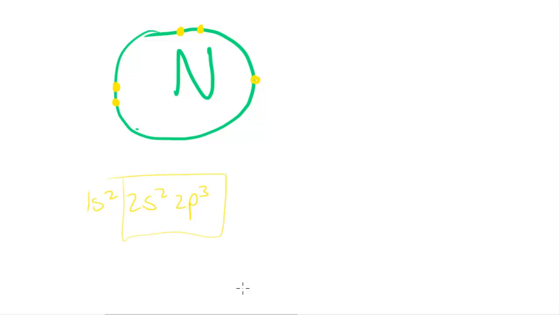And anyway, to make this a much more stable arrangement, it will form bonds with this, and this. If you imagine a nitrogen bonded to another nitrogen, in that case it will form a triple bond.